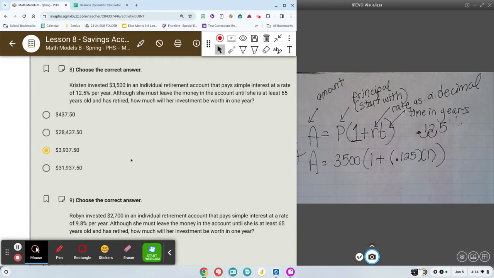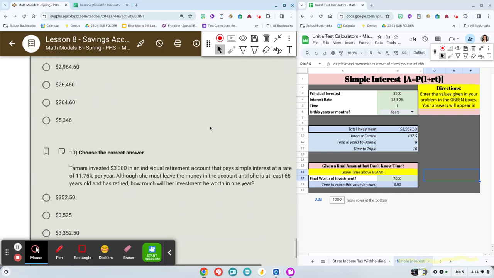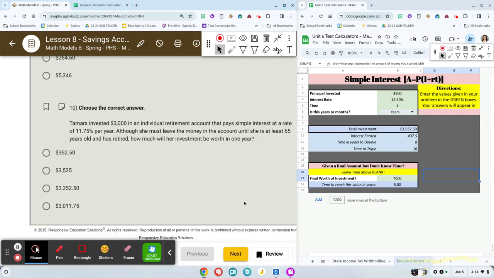It's the same that we got here. I do think if you're going to use this, just write down the formula, put it in your notes. I do think these calculators are really nice, and all the Unit 6 financial calculators are on this one. You just have to navigate the tabs at the bottom. So super helpful. So all of these are the same type of problem. So I've done 2 out of your 10 for you. The rest I want you to go ahead and complete now.